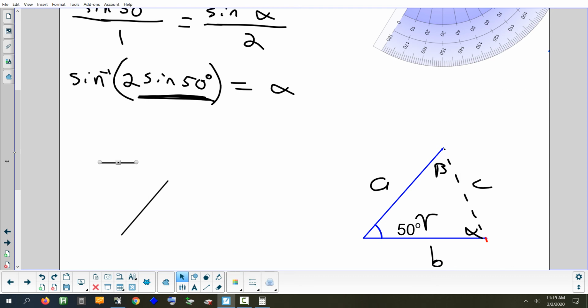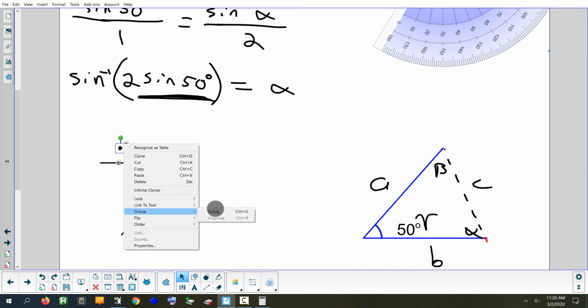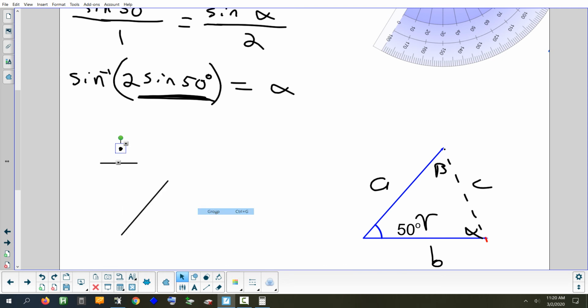I can put C at any angle I want, but notice when I click here, there's a little green handle to rotate it. When I click here, it doesn't. So I don't know why, but I always have to go like this. I have to group it, and then I can erase that. And then I will have the little green handle to rotate it however I want.